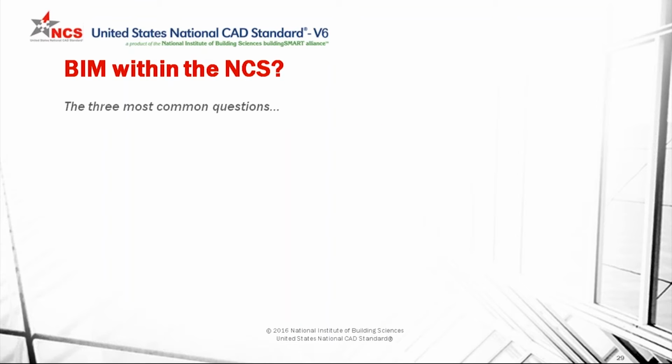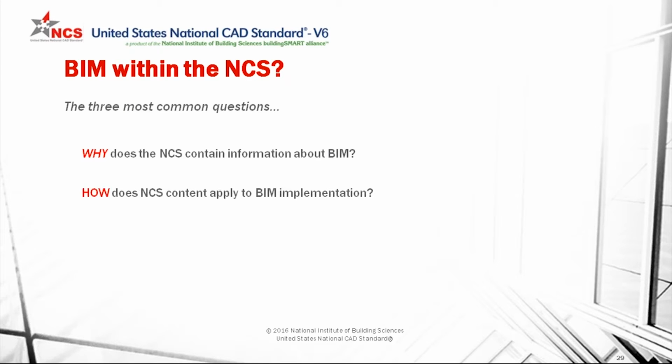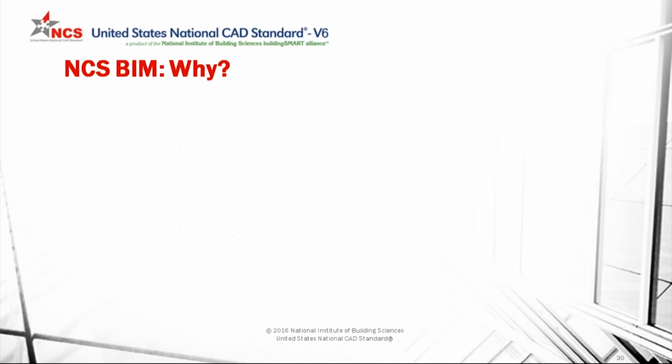We've had to answer these same questions throughout the process. The first question is, why does the NCS contain information about BIM? The second question is, how does NCS content, current content, apply to a BIM implementation section? And what actually is some of that that's in the NCS BIM implementation section? So we'll start with question number 1 and answer the why.